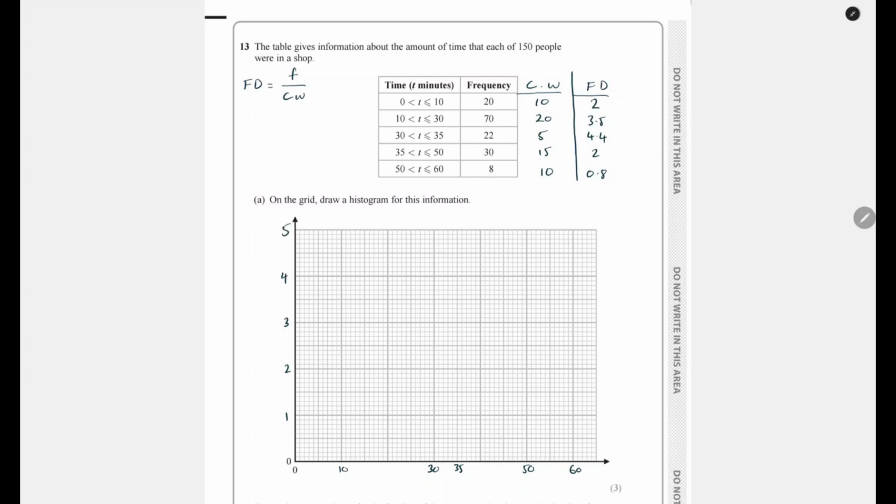So between 0 and 10 minutes, we know we have a frequency density of 2. So we're going to draw a histogram like so. Between 10 and 30 minutes, we have 70, and that's 3.5, and that comes up to here. Between 30 and 35 minutes, it's 4.4, so that would be there.